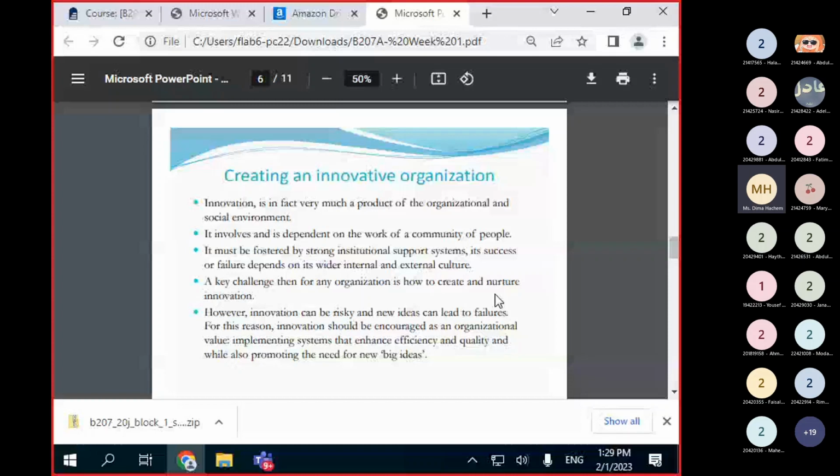So innovation is in fact very much a product of the organizational and social environment. You see, companies that are innovative happen to be located in specific countries, in specific cities, in specific locations. Have you noticed that?